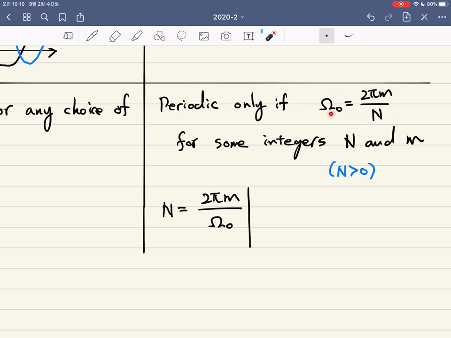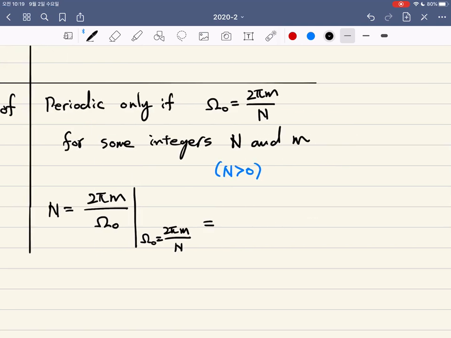If we insert this into this equation, which we can express like this, then we can get just N, which is an integer.